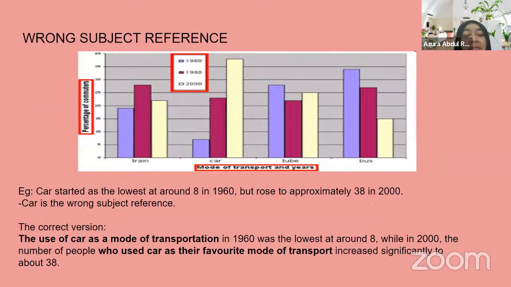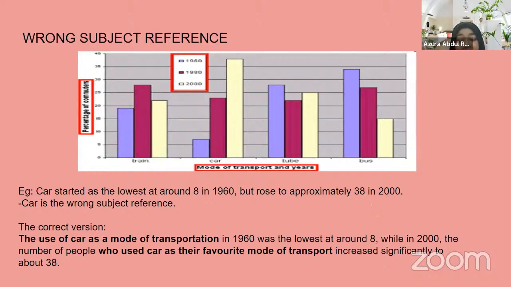Car started at the lowest at around 8 in 1960, but rose approximately 38. This is wrong. We're not talking about cars; we're talking about cars being used as a mode of transportation. So here, the use of a car as a mode of transportation in 1960 was the lowest, around 8%, while in 2000, the percentage of people who use car as their favorite mode of transport increased significantly to 38%.